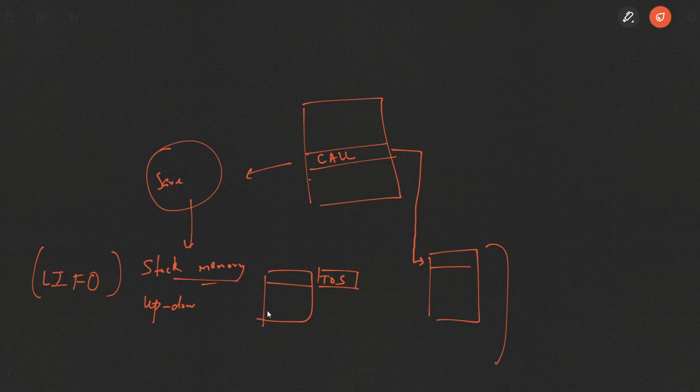That is, the last item to be filled in will be the first to be retrieved back. The last memory location of the stack memory to be filled in will be the first to be taken out when retrieved.